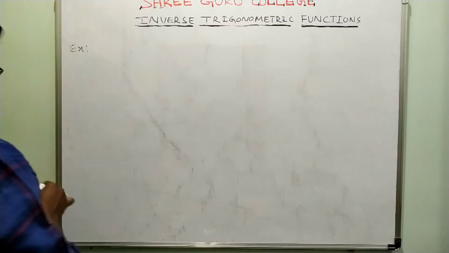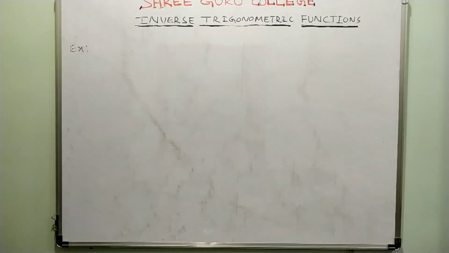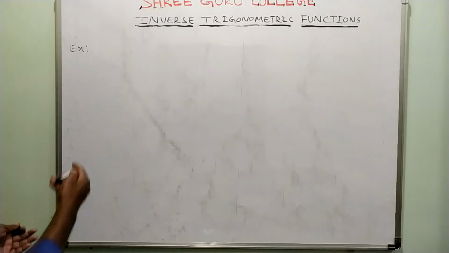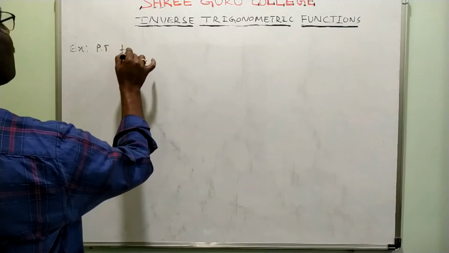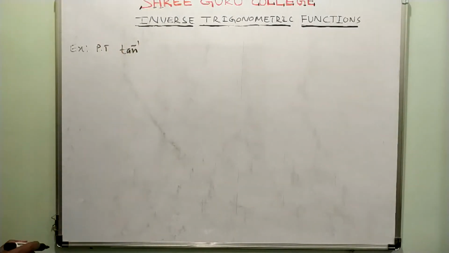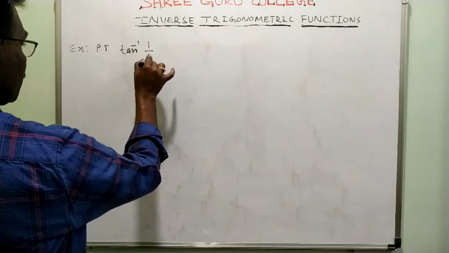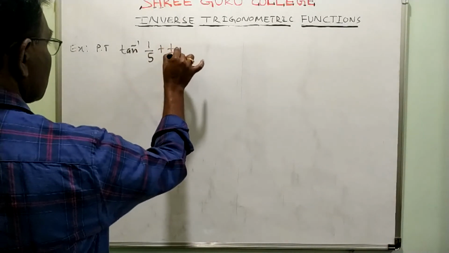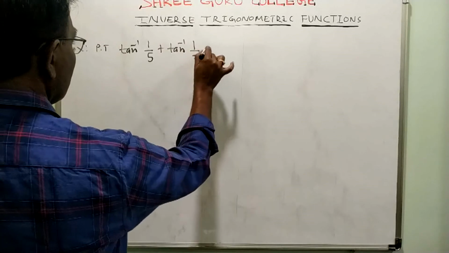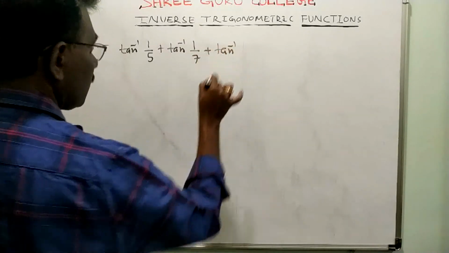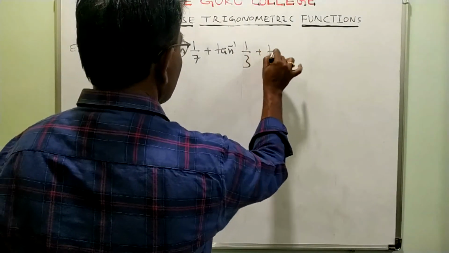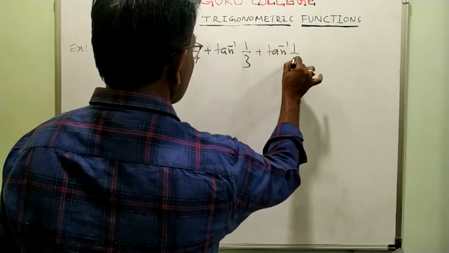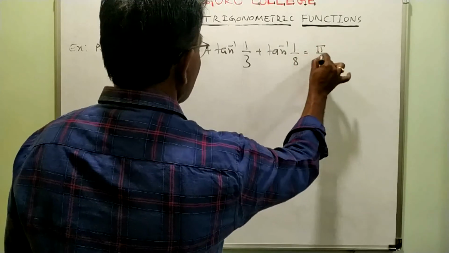Next example. Prove that tan inverse of 1 by 5 plus tan inverse of 1 by 7 plus tan inverse of 1 by 3 plus tan inverse of 1 by 8 is equal to pi by 4.